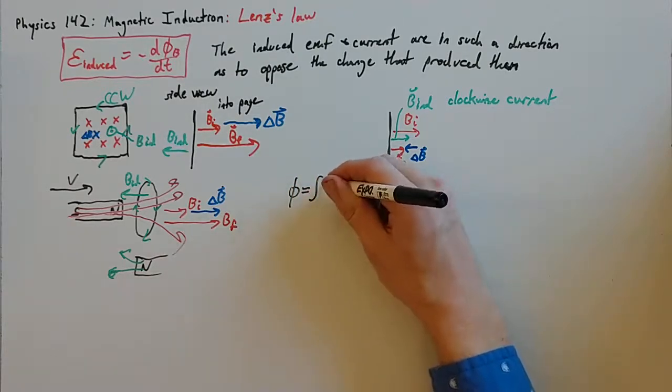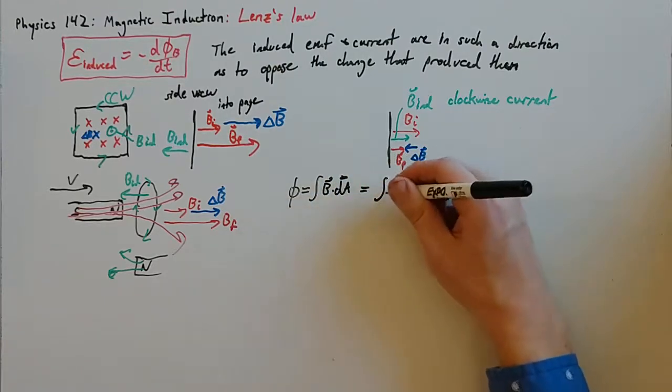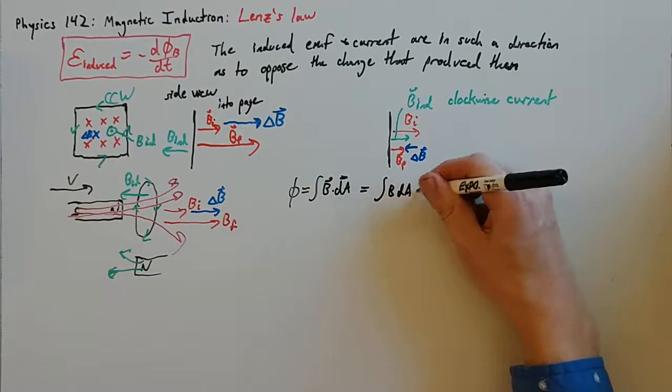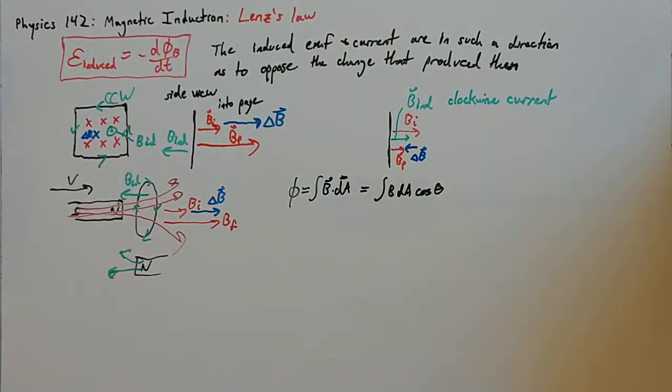Flux is B dot dA, which is B times dA times cosine of theta. So B is not the only thing that you can change. You also could potentially change the area, or you could change the angle.